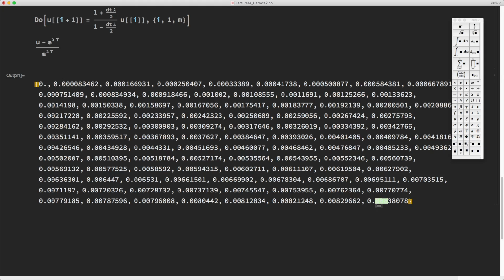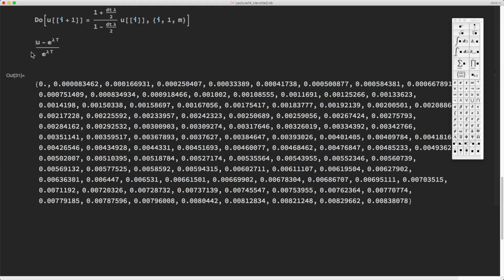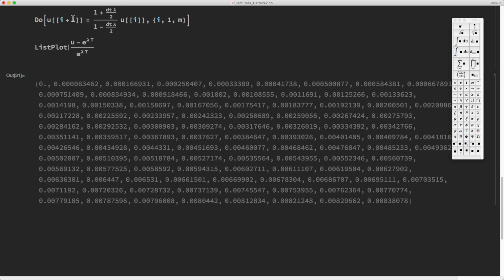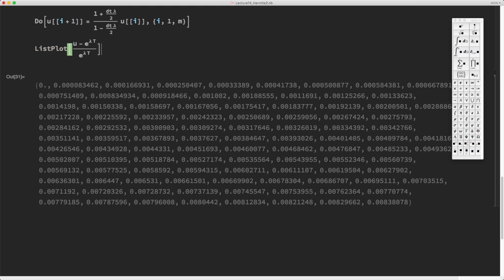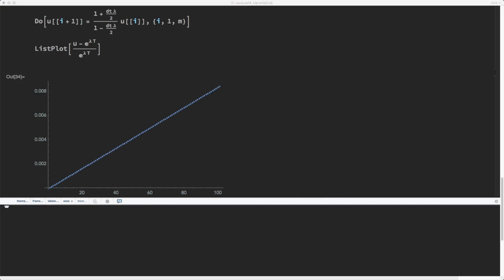As time goes by, the accuracy decreases a little bit, and we can do a list plot of this to see it. So let's do list plot. And you can see that the error increases gradually with time, in a way that we expect for a second order method.